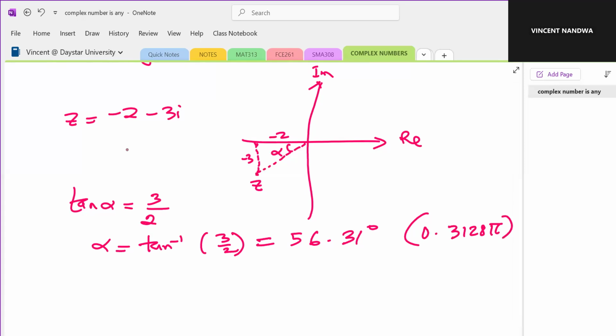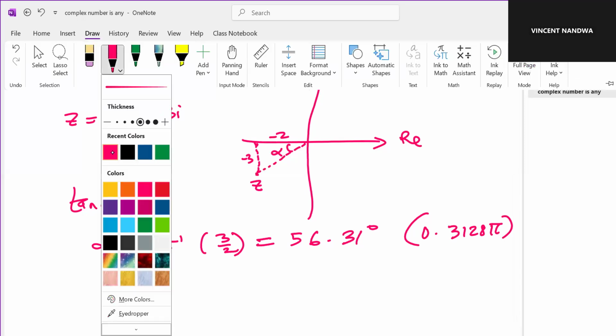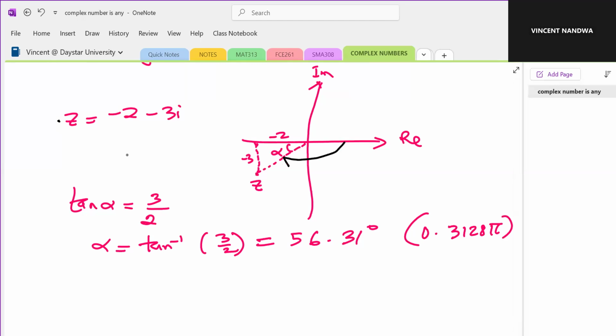So which means then that the required argument, the principal argument, will be this angle here. And because it's measured in the opposite direction, you'll have a negative sign.